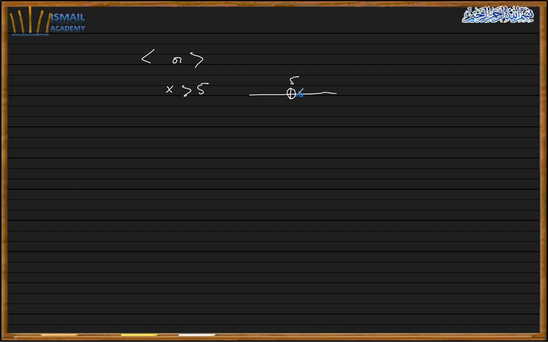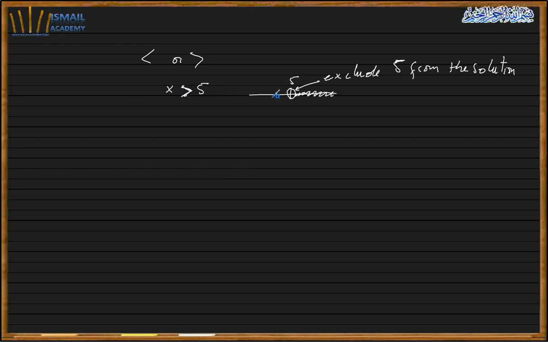This means that I include any number greater than 5, but I don't add 5 to my solution. That means we exclude 5 from the solution. So if I want to pick an x value, I pick anything greater than 5, but I don't pick 5. It means that it's greater than, so it's not equal to 5, and I cannot pick 5.